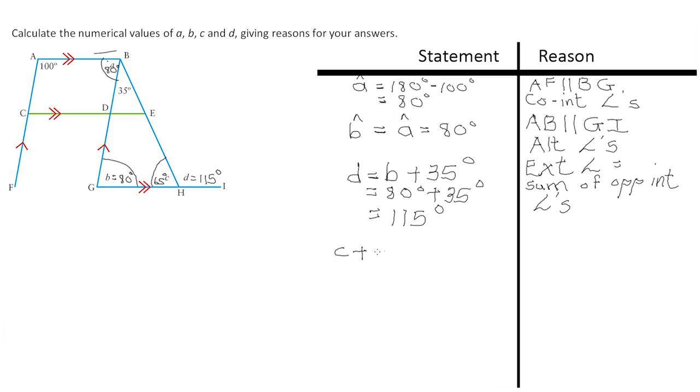And then now we can calculate C. C plus D is equal to 180 degrees. What is the reason? That is adjacent, because they're next to one another. Adjacent supplementary, because they add up to 180.